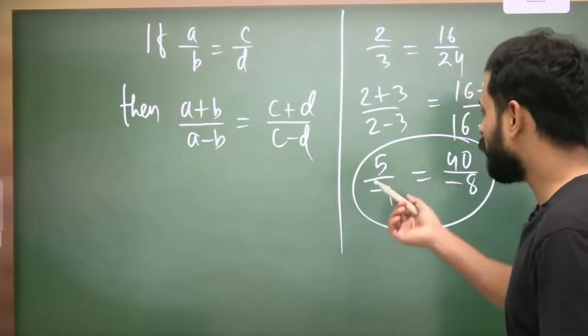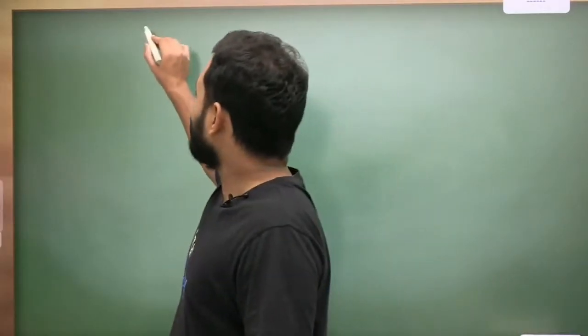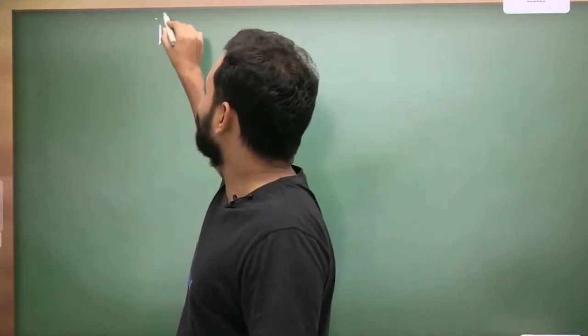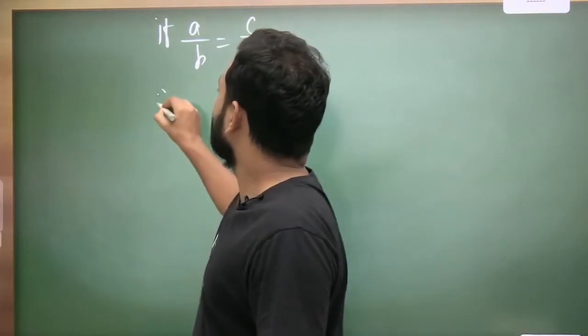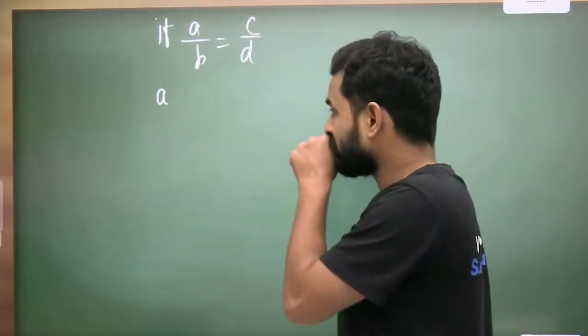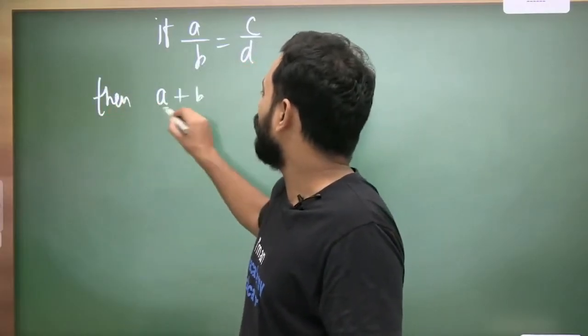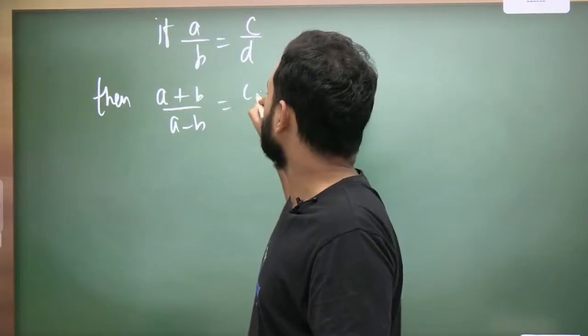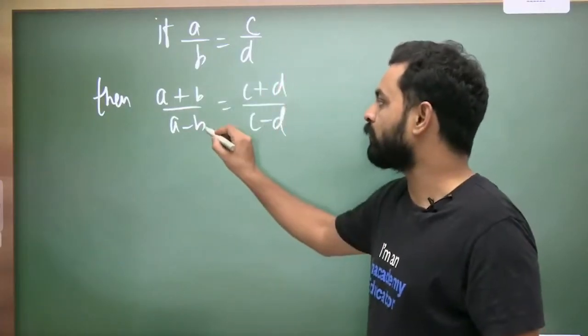We can also prove it in a more traditional mathematical manner, right? I'll have to prove that if A upon B is equal to C upon D, then A plus B upon A minus B is equal to C plus D upon C minus D. That's what we'll have to prove.